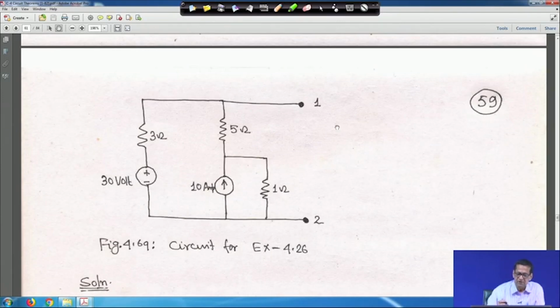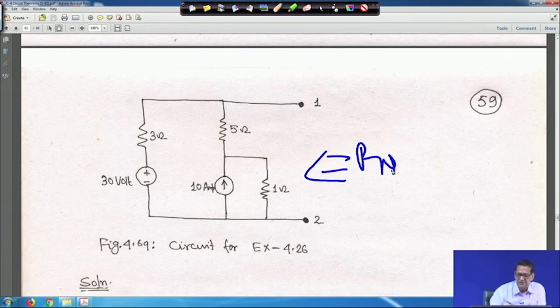So, Norton equivalent resistance: Rn is equal to R Thevenin. So to get this, you have to find Rn, right. In that case, the voltage source should be turned off, short circuit, and the current source should be open, it should not be there.